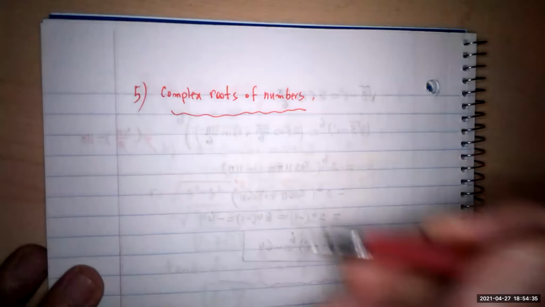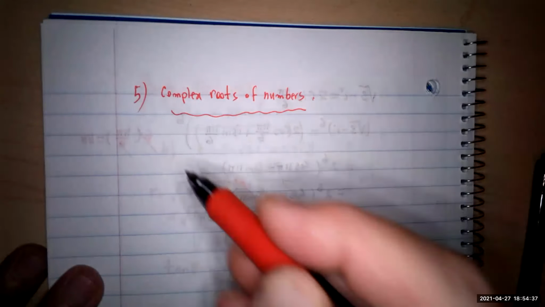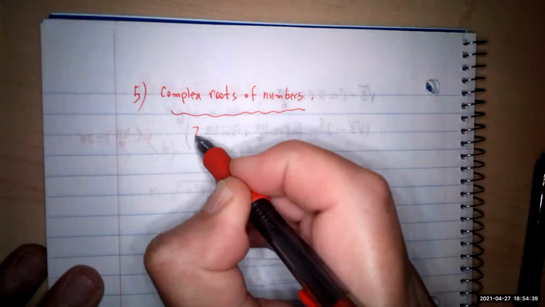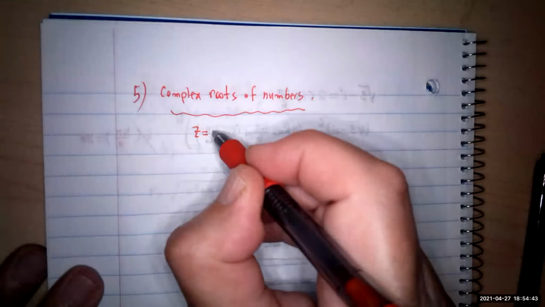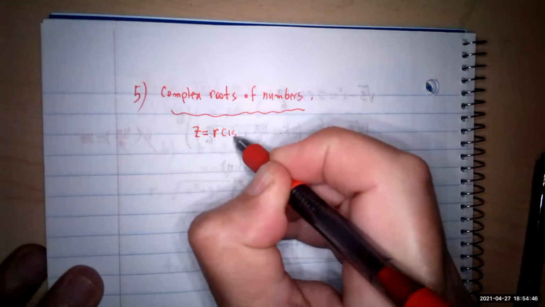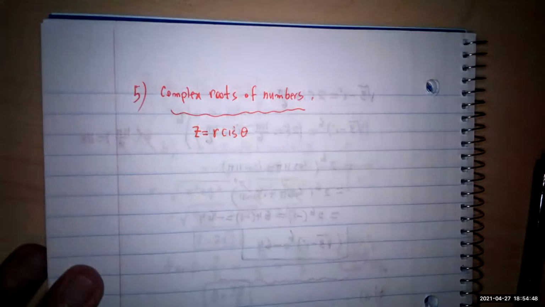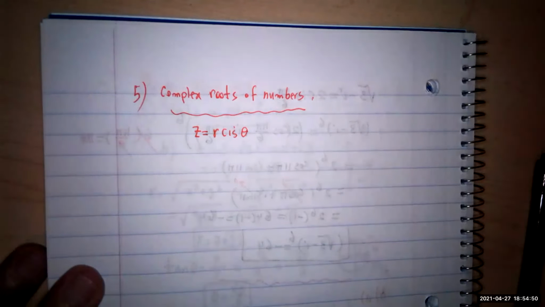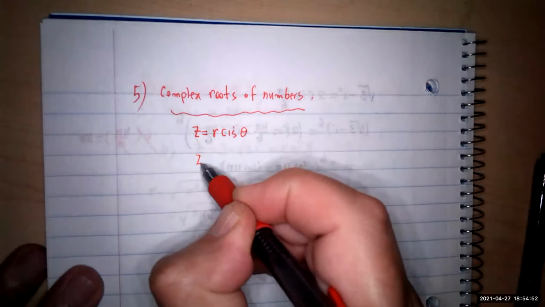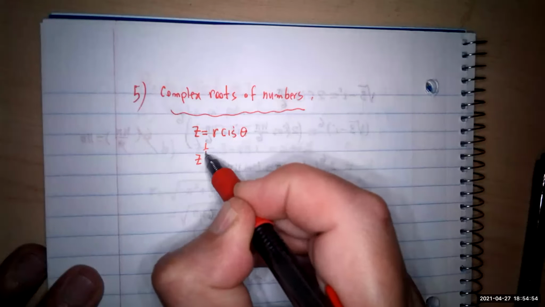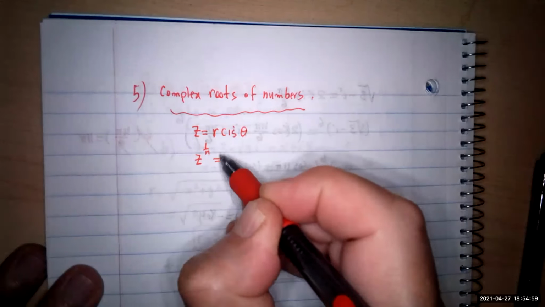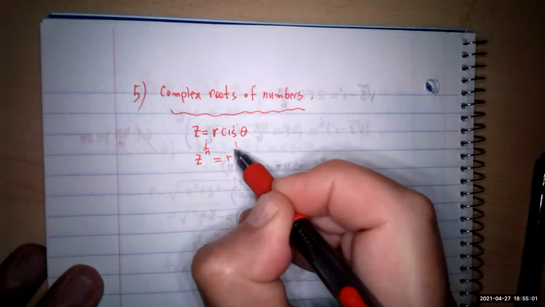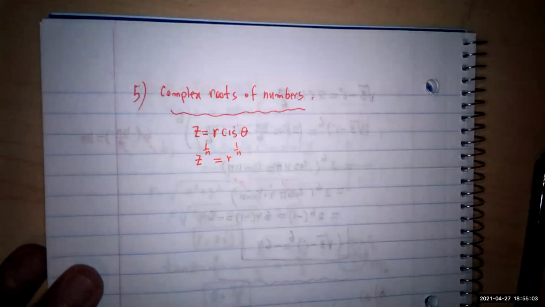This is going to be the formula for the complex root. If a complex number is given to you of the form r cis theta, and you would like to find the nth root, z to the 1 over n, the result is going to be the nth root of r, but the cis is going to be different.